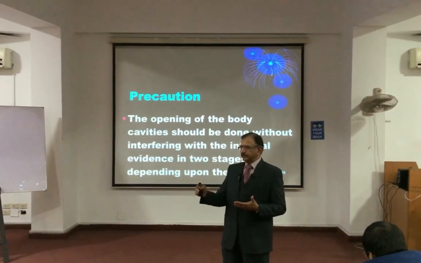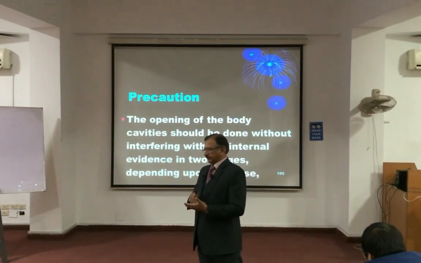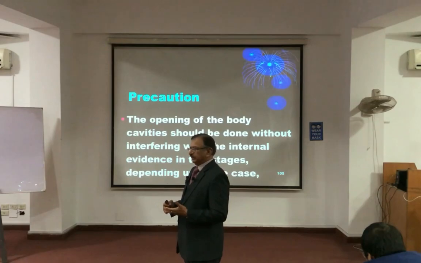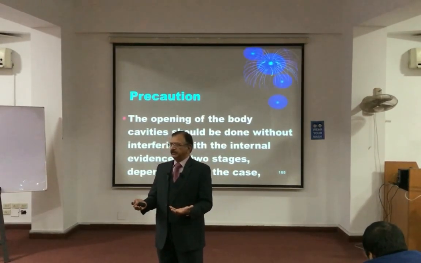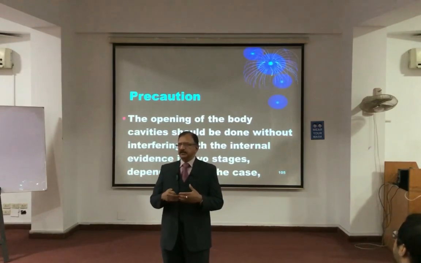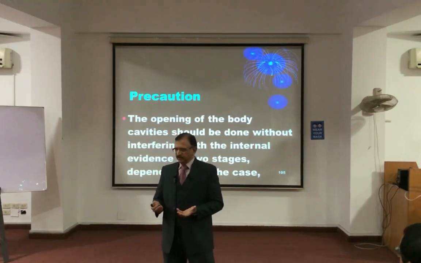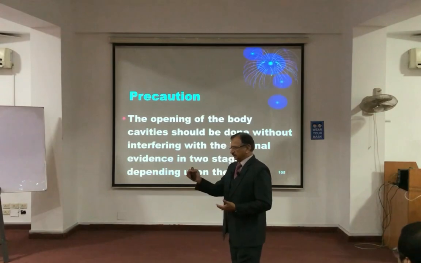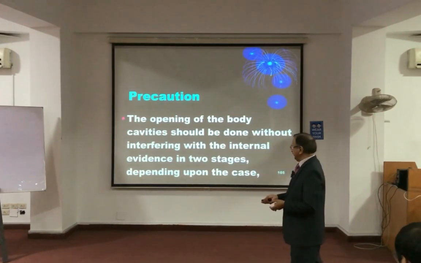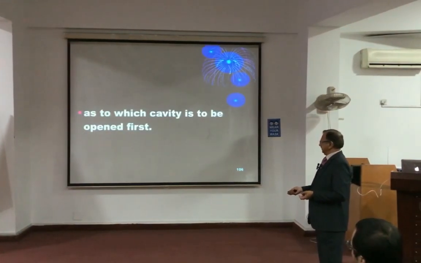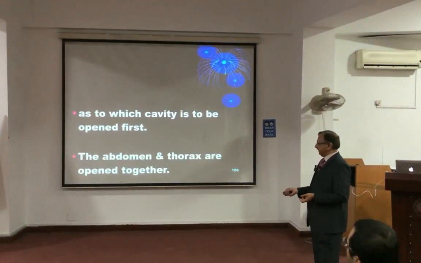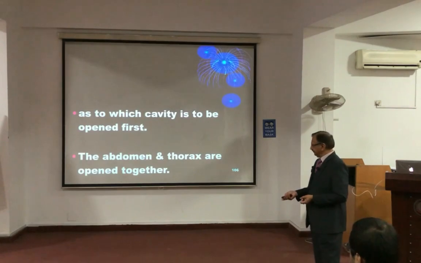So you first open the skull, then the chest and abdomen, so that the blood is drained out. Now when you dissect the neck, it will be a bloodless field. So in each case, the scheme will vary depending upon the type of case, which cavity is to be opened first.